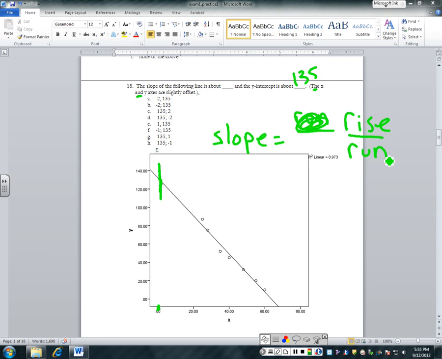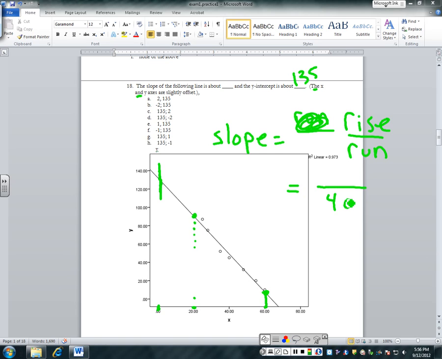And given the numbers that I have here, I think I want to go from 40. Actually, I think I'll go all the way to 60. And then I'm going to go up and find where that is on the line. So I know on my formula, that the bottom is going to be 40.